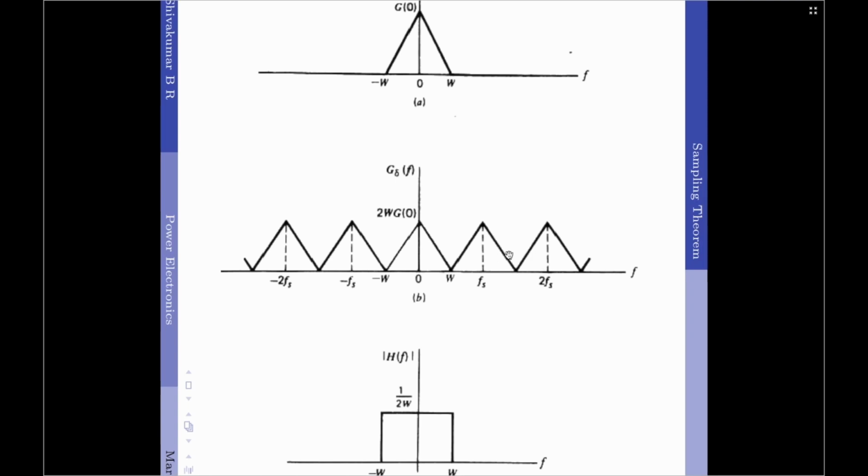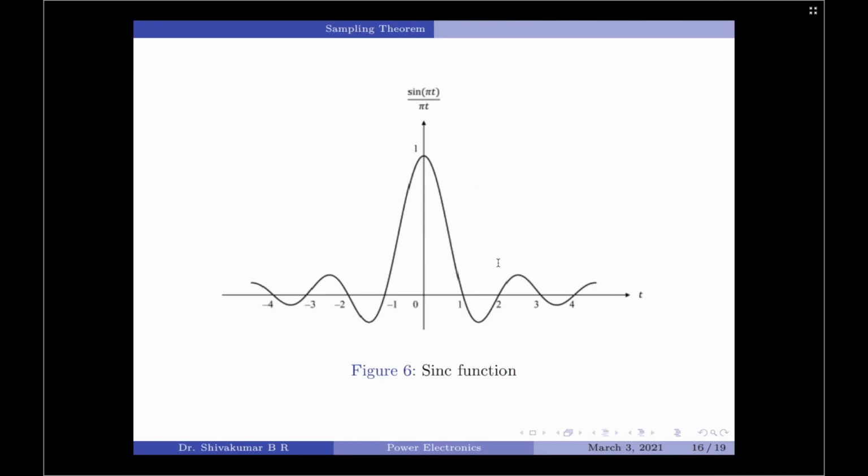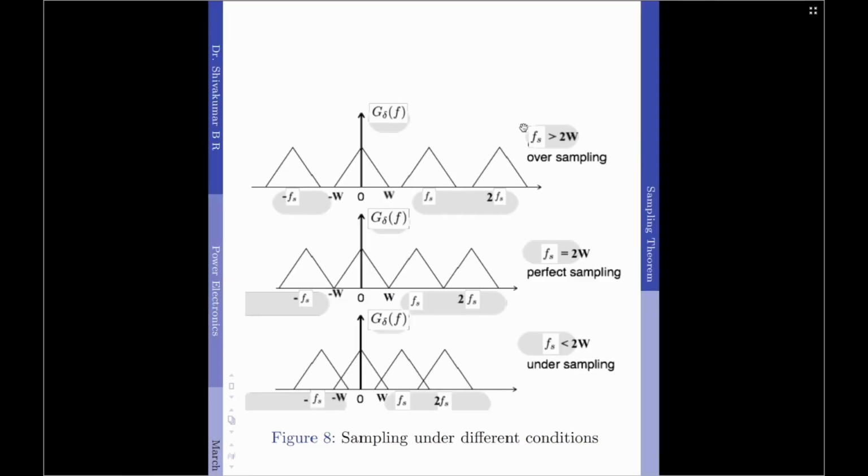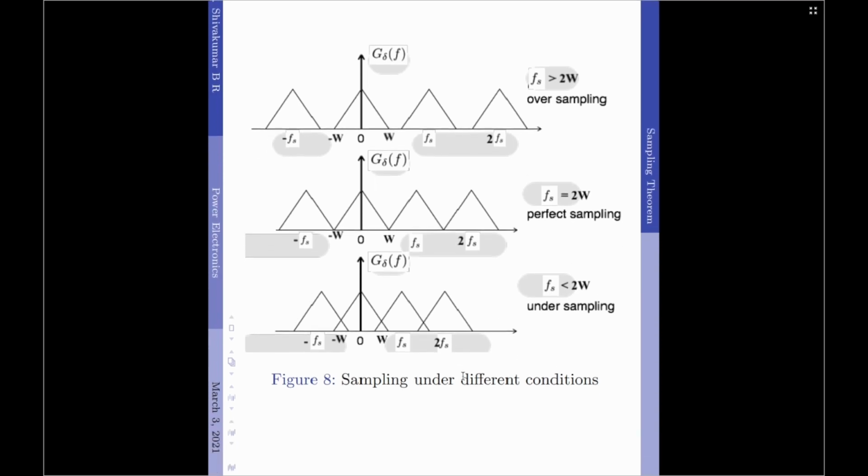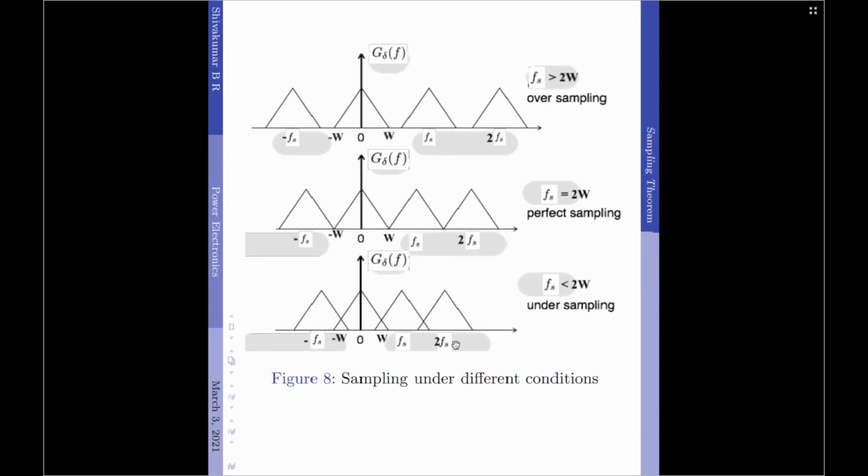So, here Fs equals 2W is applied. Now, when I take, as I am showing in the diagram here, Fs greater than 2W, then there will be gaps created in between the spectra. On the other hand, when Fs is less than 2W, we will see the spectra overlaps each other, and this is called as aliasing. Yeah, we have now come to the end of this session on the ideal sampling theorem.